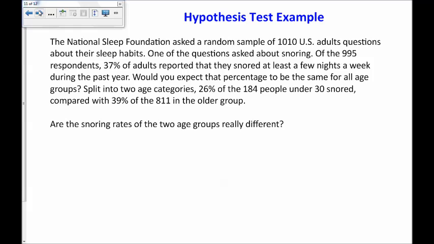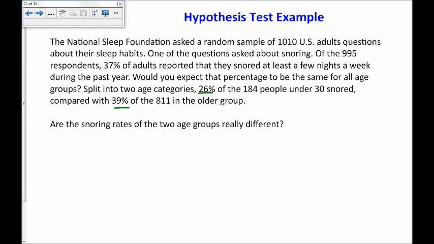If you split it into two age categories, 26% of the 184 people under the age of 30 snored, compared to 39% of the 811 in the older group. So the question we're asking is, are the snoring rates for the two age groups really different? The difference seems pretty big, so we're wondering, is that just based on chance, or can we conclude that older people are more likely to snore?